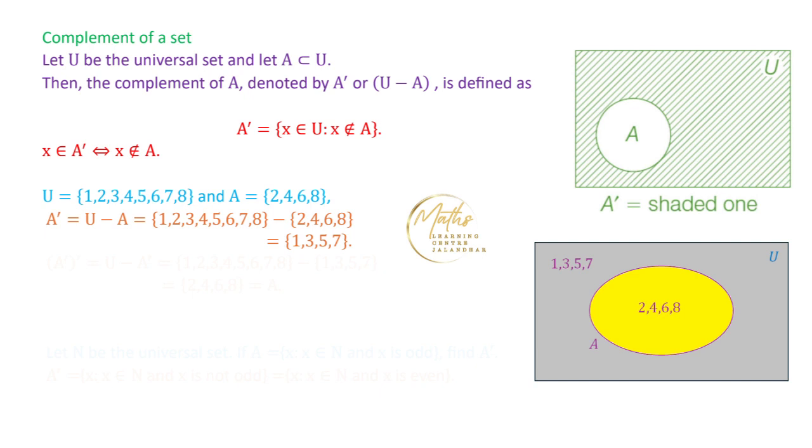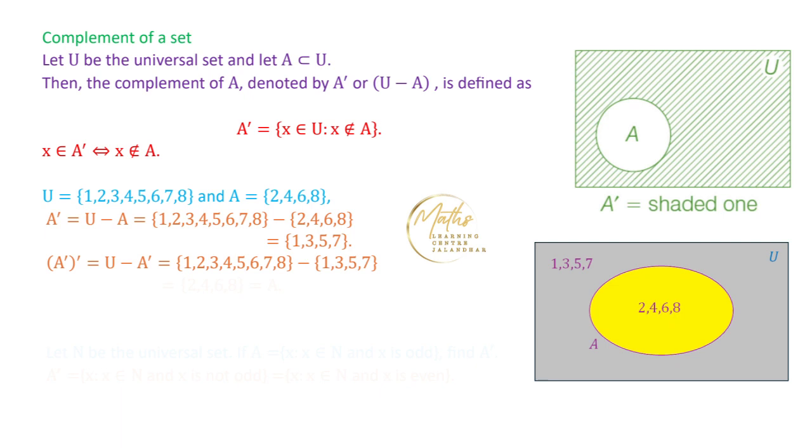Now suppose we have to calculate the complement of A complement. So we are calculating the value of universal set minus A complement. This means the whole set U, and A complement has elements 1, 3, 5 and 7.